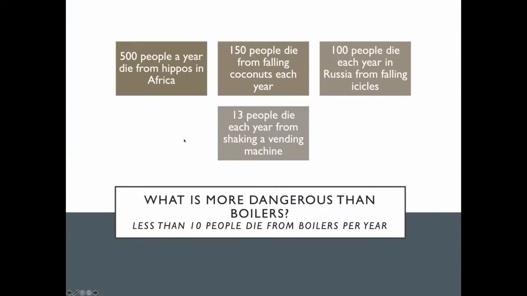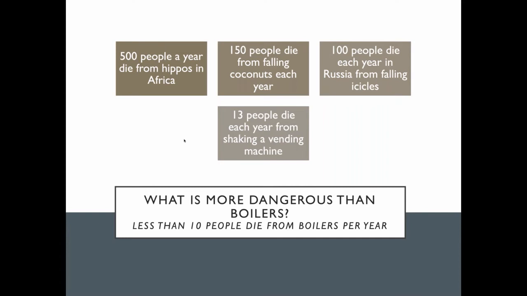Now, I hear people saying, oh, boilers are dangerous, but I have this theory: about 10 people die worldwide from boilers. Well, if you look in Africa, 500 people die a year from hippos. That's 10 times more people die from hippos than boilers. And 150 people die from falling coconuts every year.